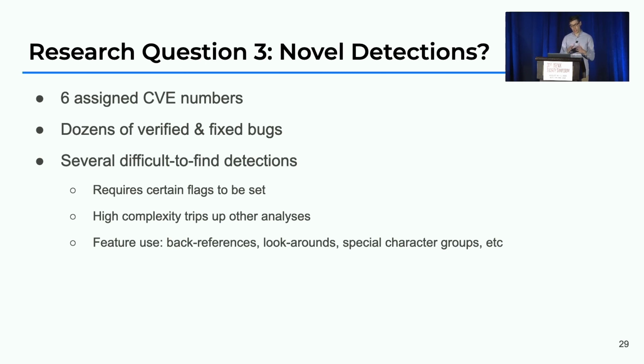There are also several detections where the regular expression itself is highly complex, and so it trips up other static analysis attempts. And also, we find some that use advanced features like back references, lookarounds, and special character groups.